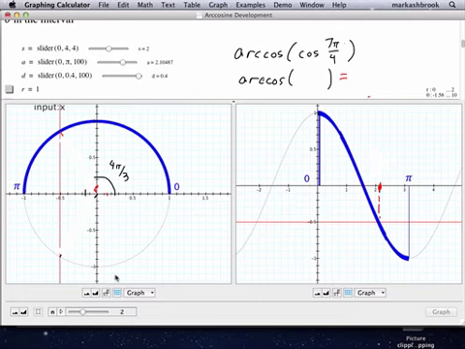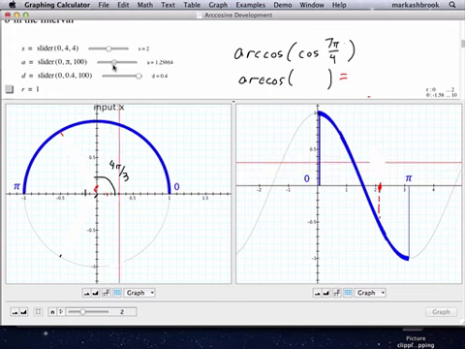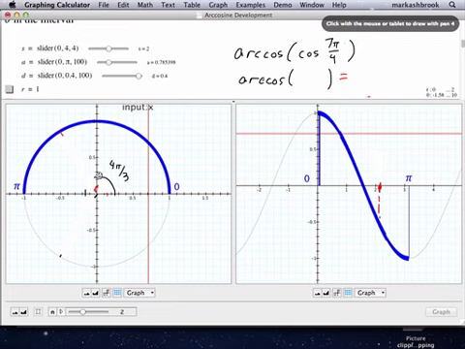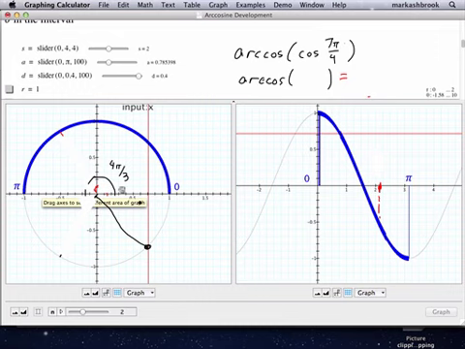Okay, so where are we at with the cosine of 7 pi over 4? Positive or negative? Positive, radical 2 over 2. So that would be this angle here. 7 pi over 4 would be here, right?